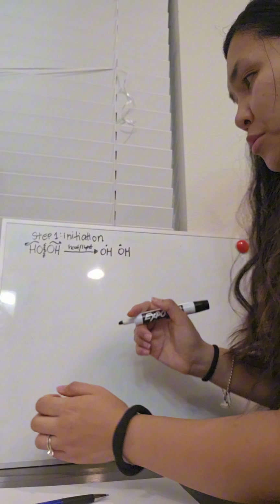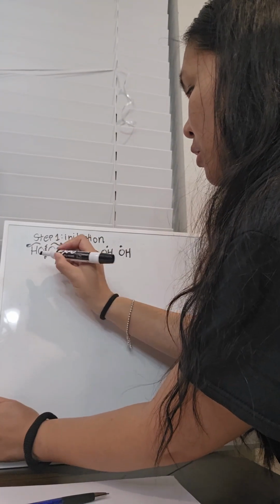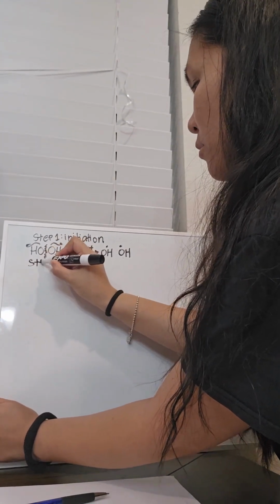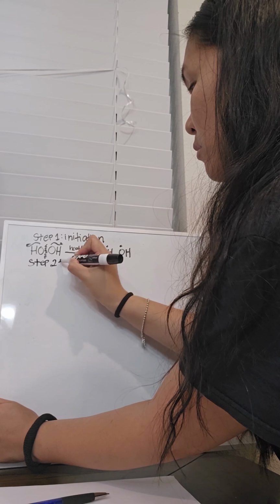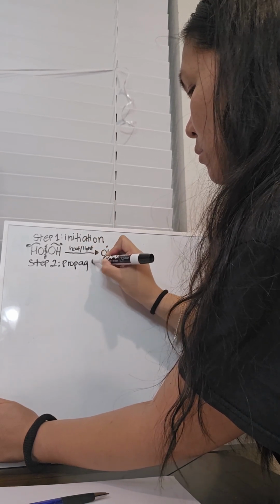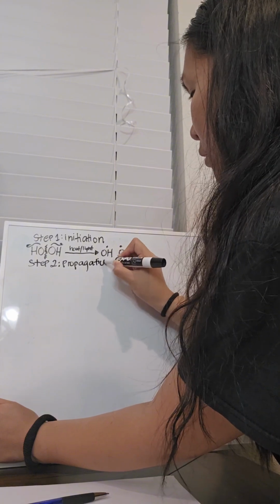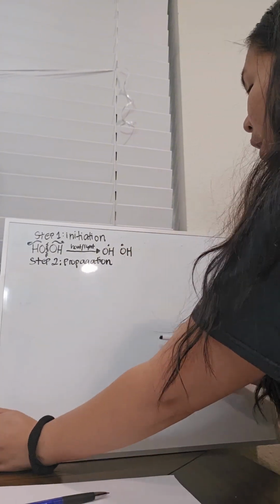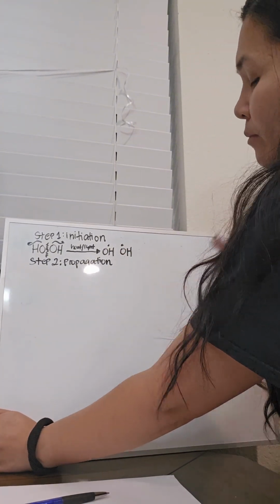Moving on to step 2, which is propagation. And in this process, we will see how the polymer chain builds up.